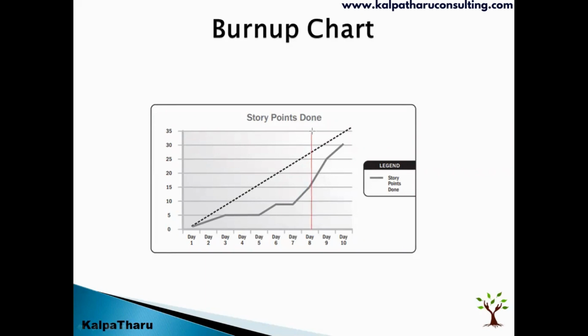As on day 8, you should have completed 28 story points. But as on day 8, how much have you completed? Approximately 15 story points. So against a target of 28, you have completed only 15 story points, right? The amount of work done against the plan is less. So your performance is not good.